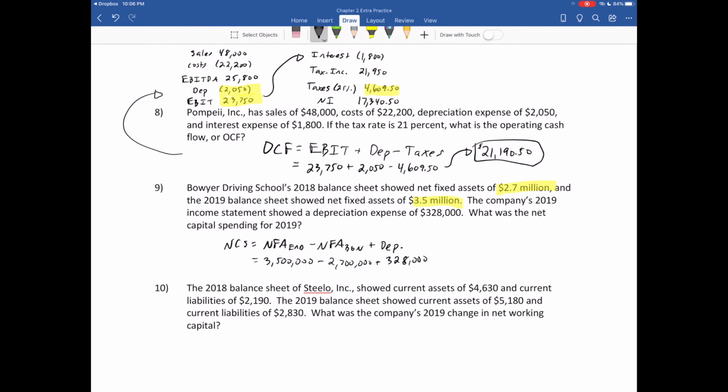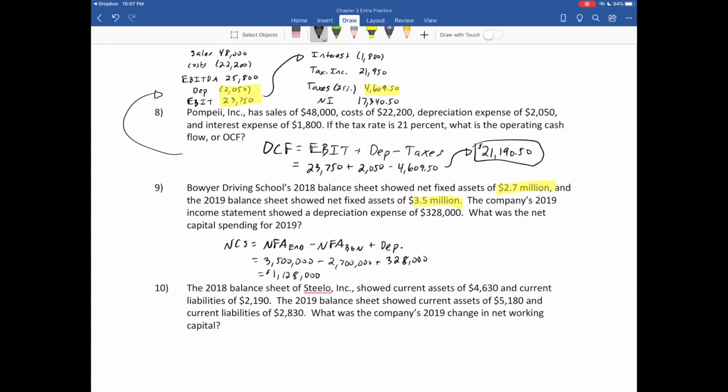We want to add that back in since depreciation was already taken out for that net fixed assets at the end. So we end up getting a net capital spending here of $1,128,000. So whatever this company generated in terms of their operating cash flow, they ended up spending an additional $1 million plus on fixed assets to help generate that cash flow.